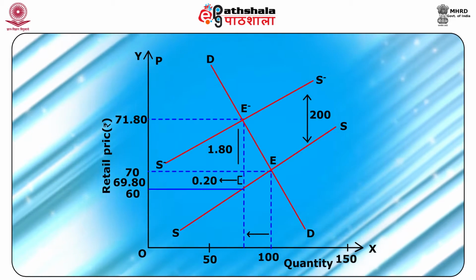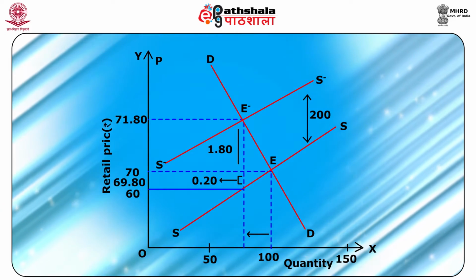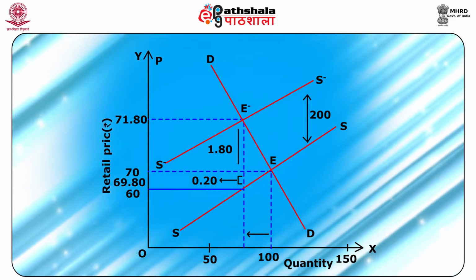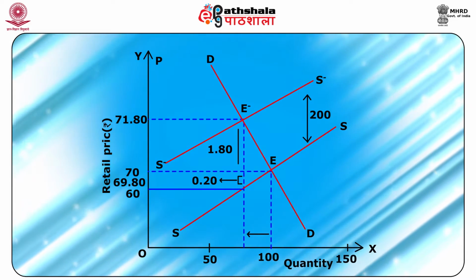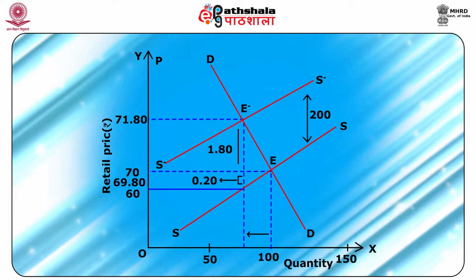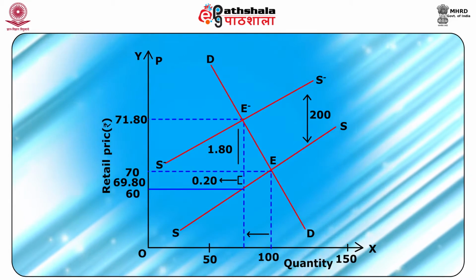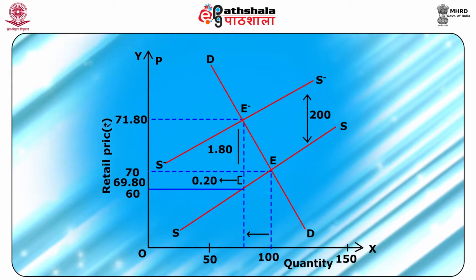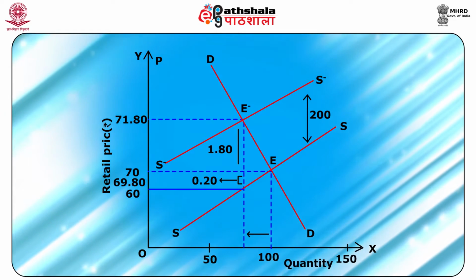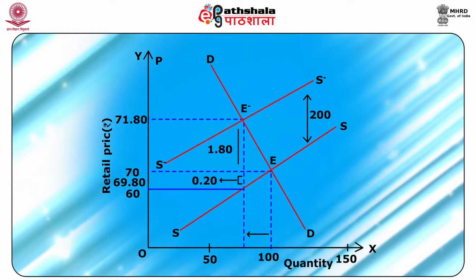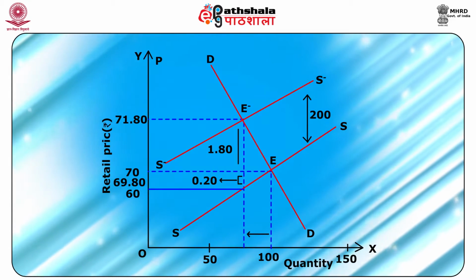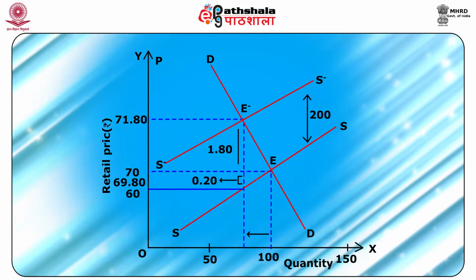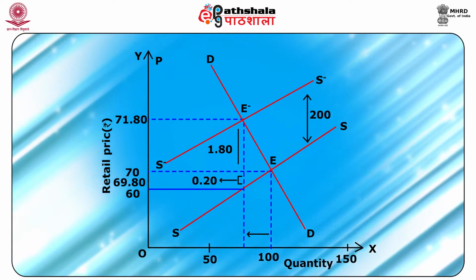Now, if we look at the situation where the new equilibrium is taking place, and if we drop a perpendicular, then what we would see is the original price was 70, and now if we look at the new price, it is 71.8. Now, if we consider what has happened to the 2 rupees increase, then you would notice that 1 rupee 80 paise is the escalation of the price, which is going towards increasing the retail price.